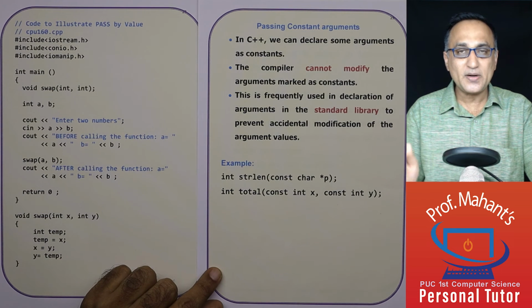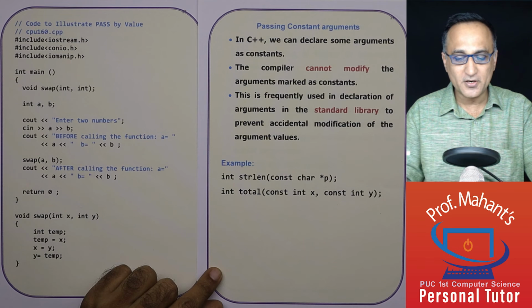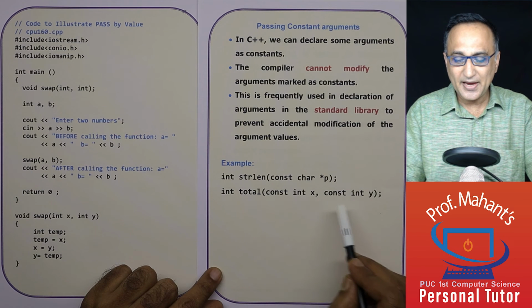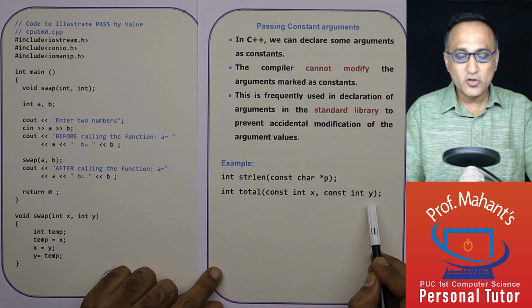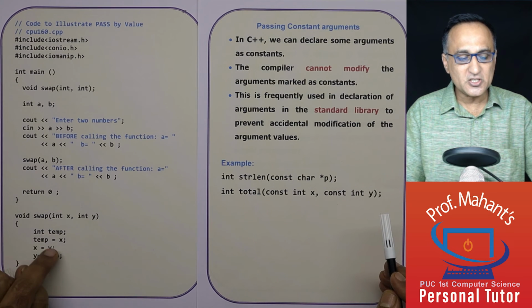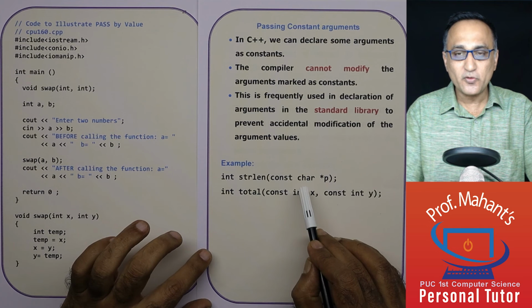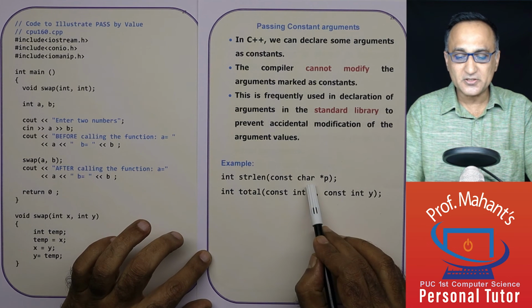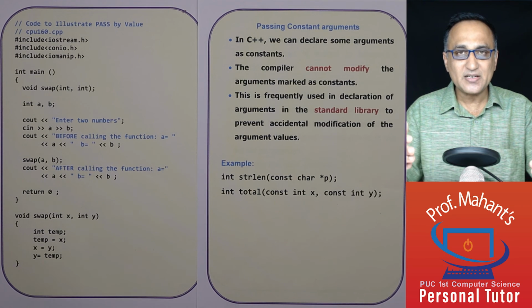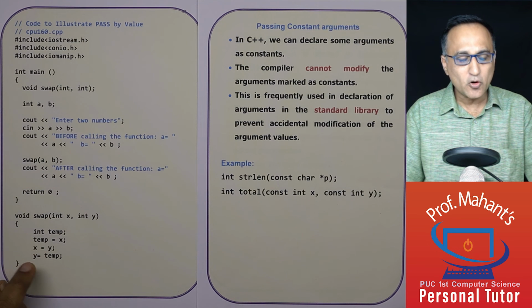This is very frequently used when you are building user defined or library functions, because when you're sending the actual values, you want to ensure that they are not changed in this particular function, they're just used as they are. This will be more useful when you work with pointers. When you pass data with pointers, it allows you to change it in the called function.